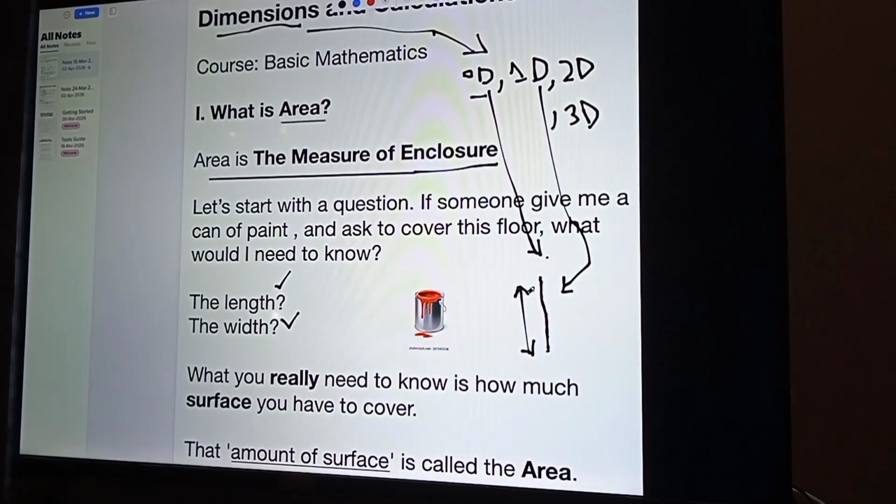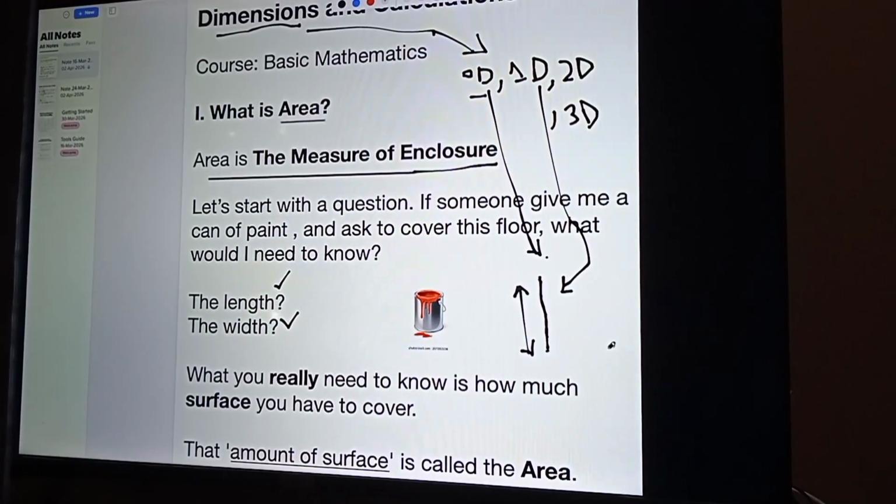Now if we join two lines, each of one dimension, like this is a one dimension line, and we connect another line with this point, we get two lines, one vertical and the other horizontal. So this is called the x-axis and this vertical line is called the y-axis.